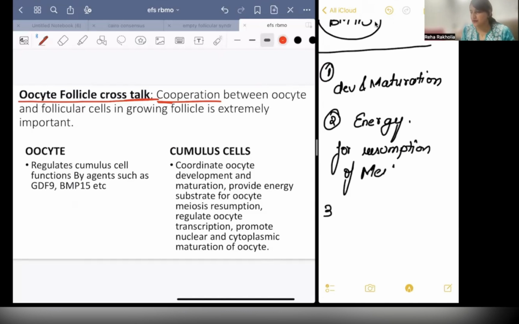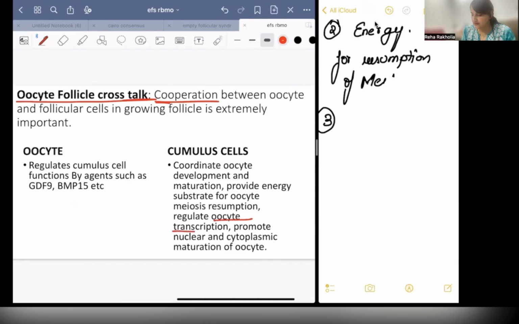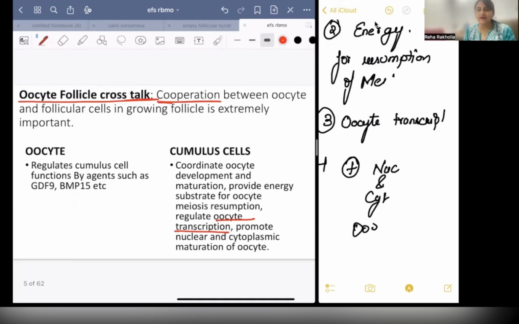Then it regulates oocyte transcription. Then it promotes nuclear and cytoplasmic maturation of the oocyte. This way both the oocyte and follicular cells help each other.